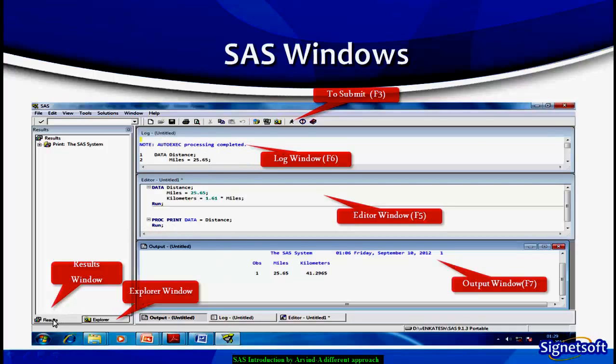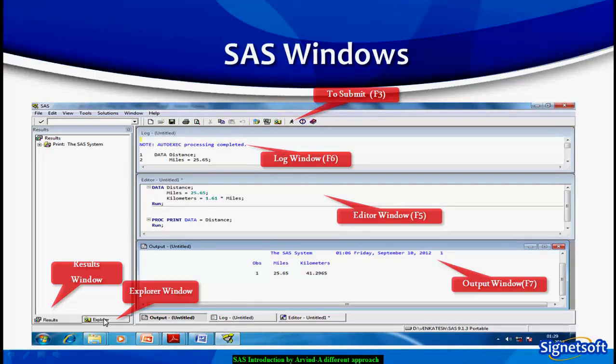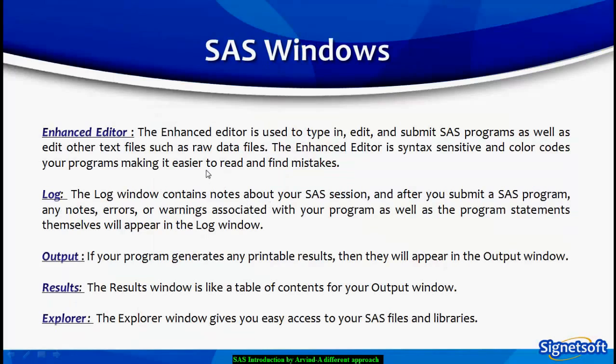On the left side we have the results window, which displays the list of results, not the results themselves. And we have one more window, the explorer window, to access all your system files. Even your SAS files, libraries and everything will be stored in the explorer window. That is some information about the enhanced editor window, log window, output, results, and explorer window.